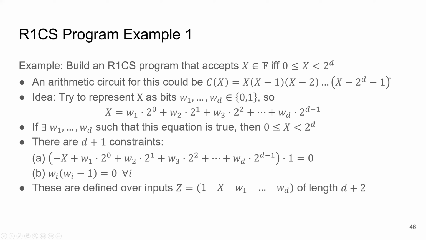This arithmetic circuit will evaluate to 0 if X is any of the integers between 0 and 2 to the D. But if X is an integer that is not within 0 and 2 to the D, then this polynomial will not evaluate to 0. Questions about how we could have represented this problem as an arithmetic circuit?